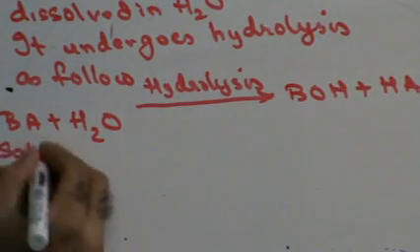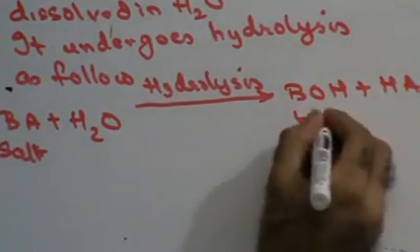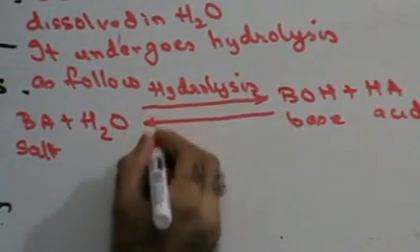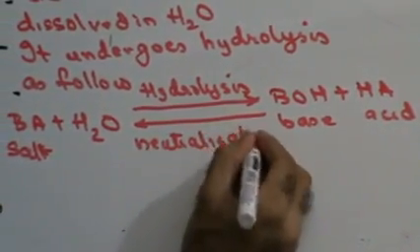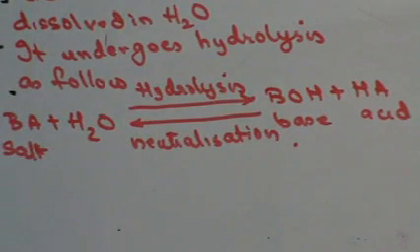This is the salt, this is the base, and this is the acid. The reverse reaction would have been neutralization. So in simple language, you have a reaction where the salt reacts with water to give you an acid and a base. Right? Let's try to write this in ionic form.